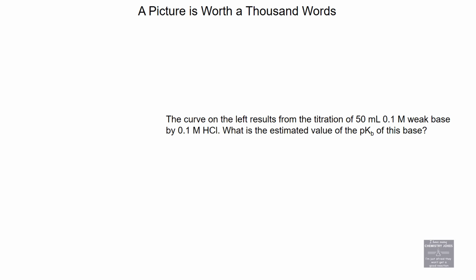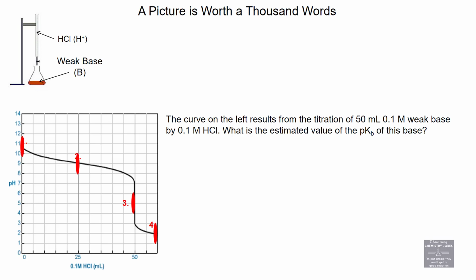I really would like to encourage you to think in pictures. If I have this titration curve, this starts at a high pH and ends at a low pH. So the first thing I'm ready to say is I've got a base being titrated by acid. Looking at this curve, high pH to low pH, base being titrated by acid.